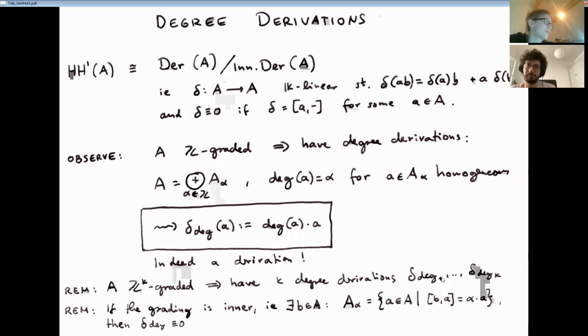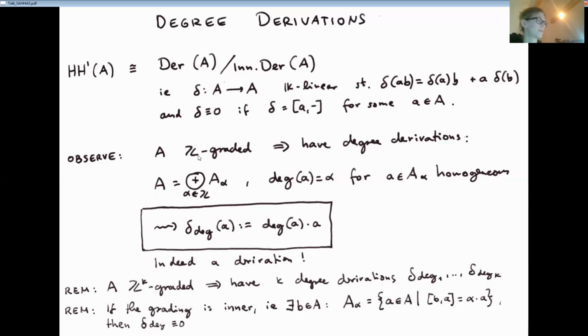That is, derivations are zero if they are obtained as the commutator action for some element on A. In general, the multiplication rule for derivations holds. That is, well, just the ordinary product rule. So in other words, products will be resolved with some kind of addition.